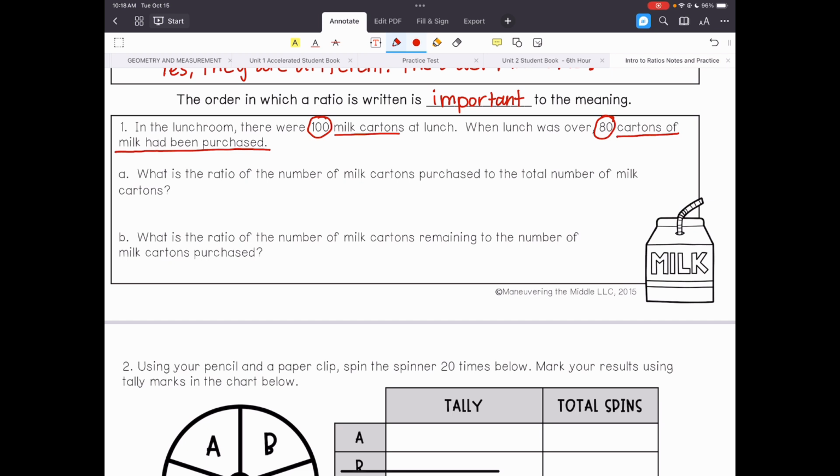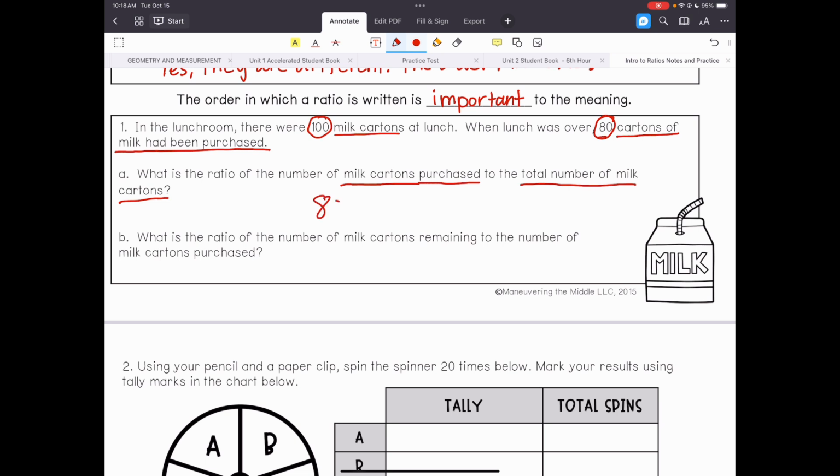So this is where we have to know what each of the numbers mean in the context of the situation. It says, what is the ratio of the number of milk cartons purchased to total number of milk cartons? For this, the number that was purchased was 80.